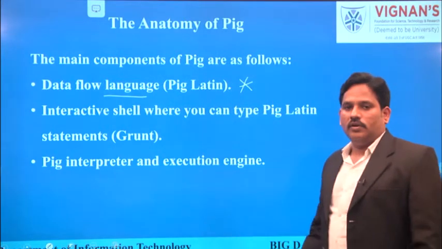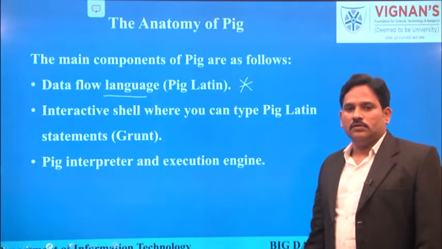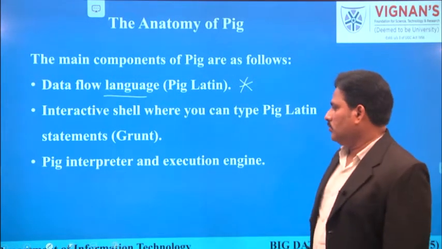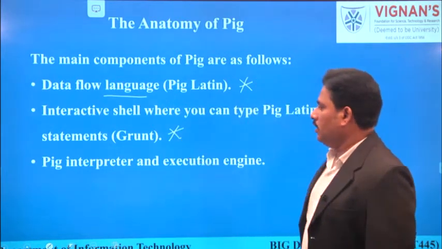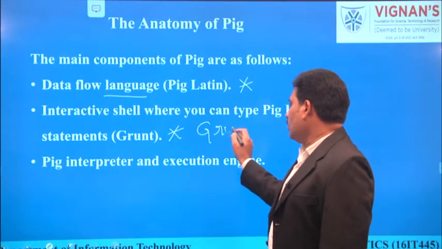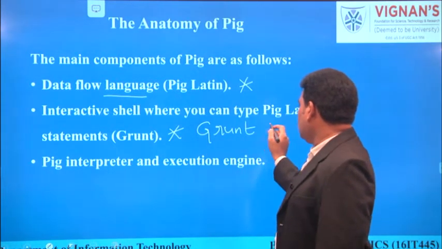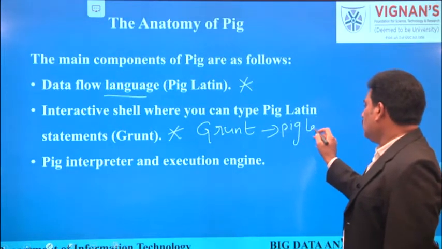And to interact with the storage environment and the user environment, we use a shell called the Grunt shell. This interactive Grunt shell is used to write basic Pig Latin statements and comments.